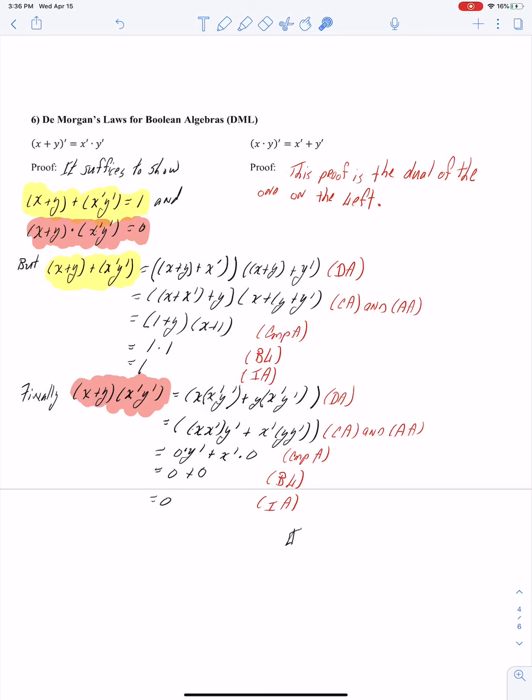All right, so what does the distributive axiom tell me? That something dot a sum is this something, x prime y prime, dot the first, x, add this, x prime y prime, dot the second. Okay, so that, in fact, is the distributive axiom that we know and love.